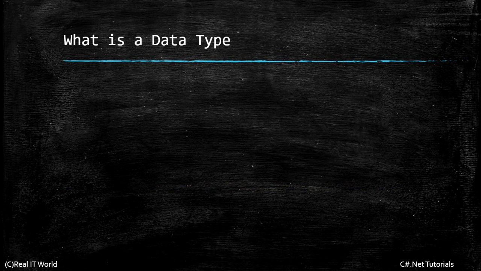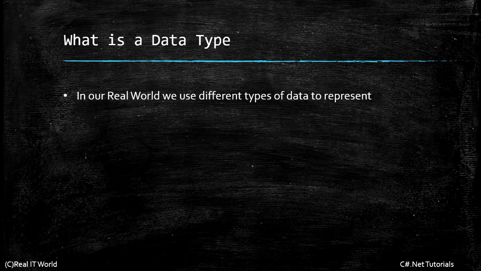What is a data type in C#? In our real world, we use different types of data to represent numbers. Suppose if we want to say our age or our mobile number or some house number, we use numbers. If we want to say mobile number, something like 9999, we use numbers.